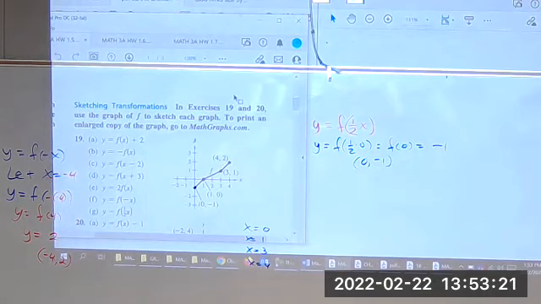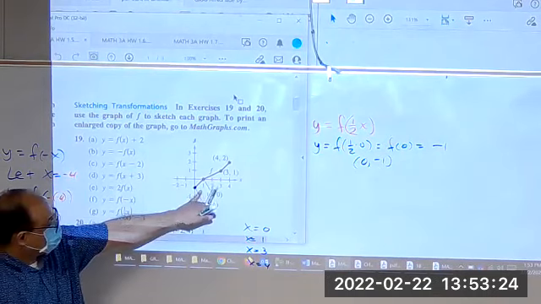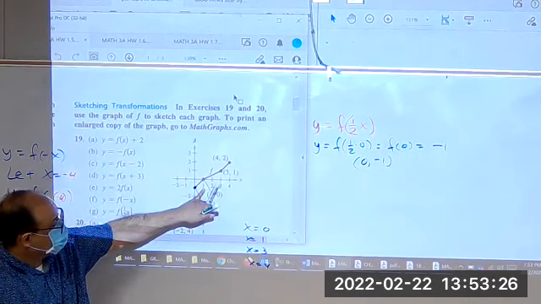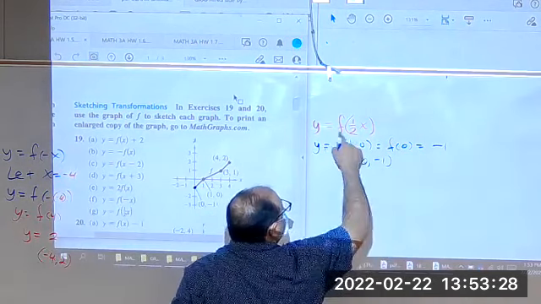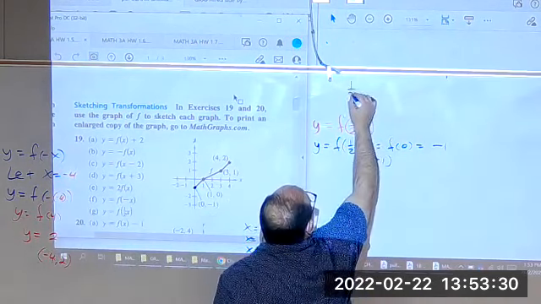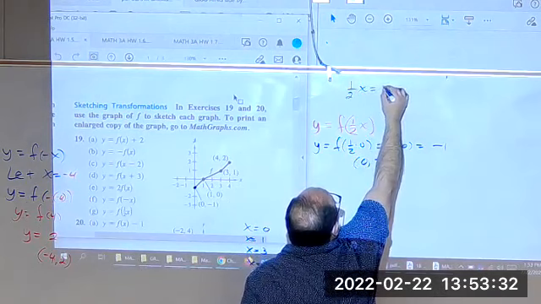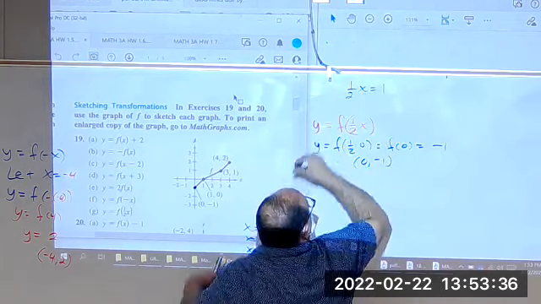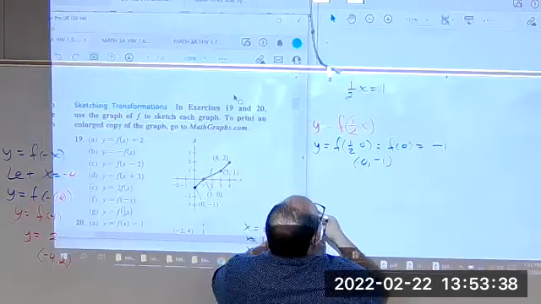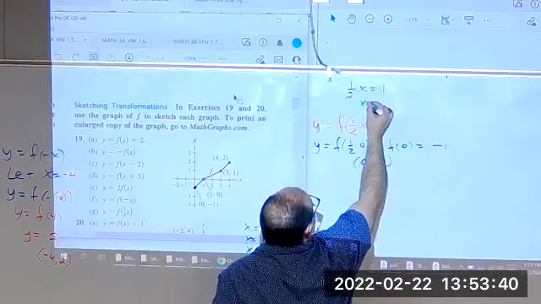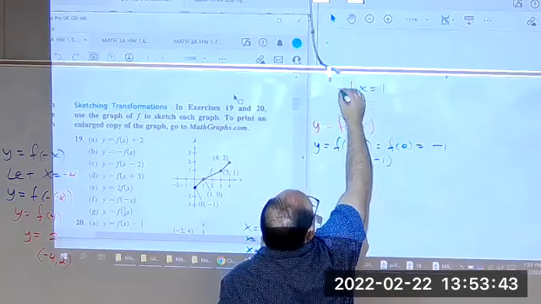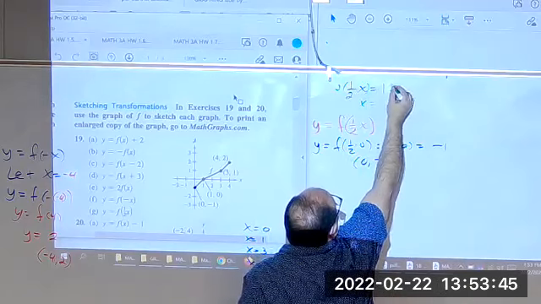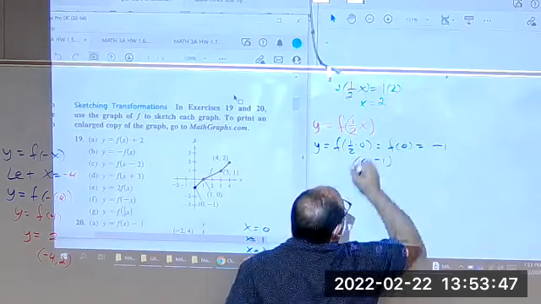But when I want to plug in 1 for x, when I want to actually take f of 1, that means I need 1/2 x to equal a 1. What would I actually have to plug in for the x? x would have to be a what? It would have to be a 2. Multiplied by 2. x would have to be a 2.